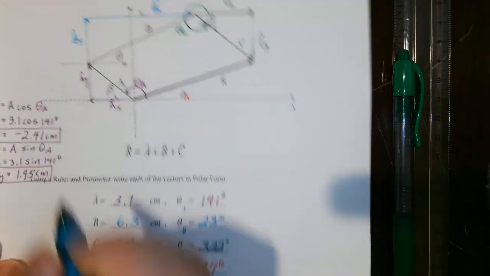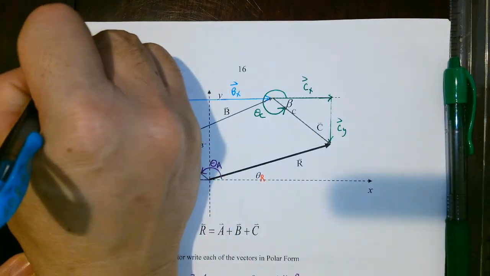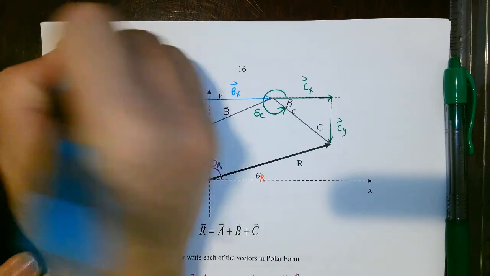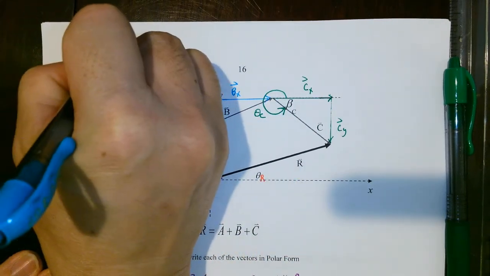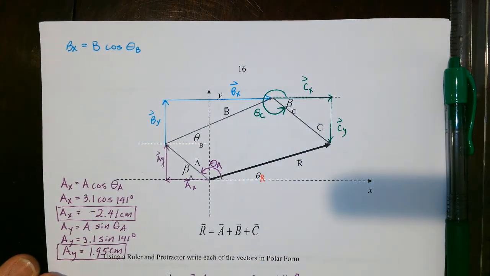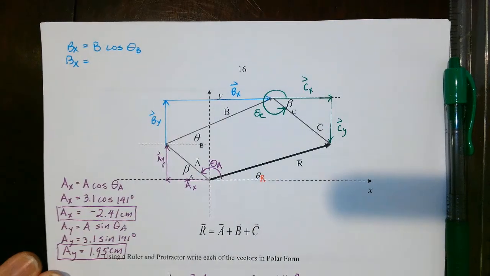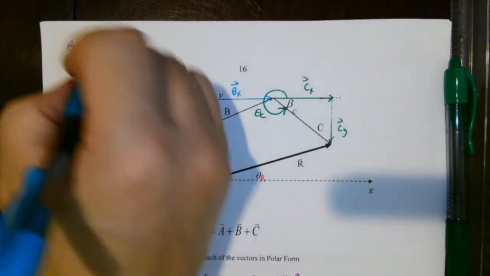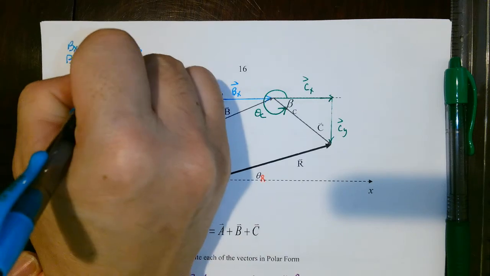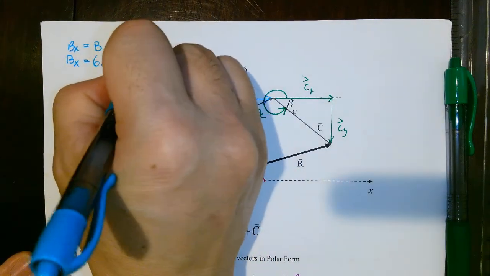Now let's take a look at BX and BY. So here, my BX is equal to B cosine of theta B, and my BX then is equal to 6.3 times cosine of 23 degrees.